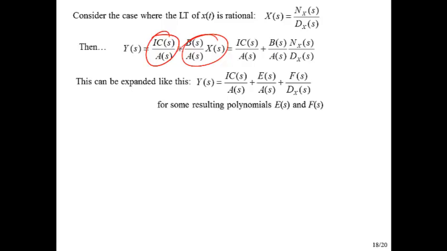So if we break this into the different parts like we're used to, we're still going to have a part that's due to the initial conditions and a part that's due to the input. And then we can further expand this into a part that still has an A of s at the bottom and still has a D_x of s at the bottom.